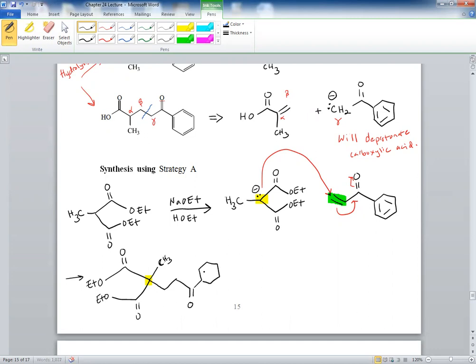And then always be ready to really flip rings and carbonyls. That's part of the game. So let me show you the connection here. Very well. So we attached that. And now remember what we need to do is hydrolysis.